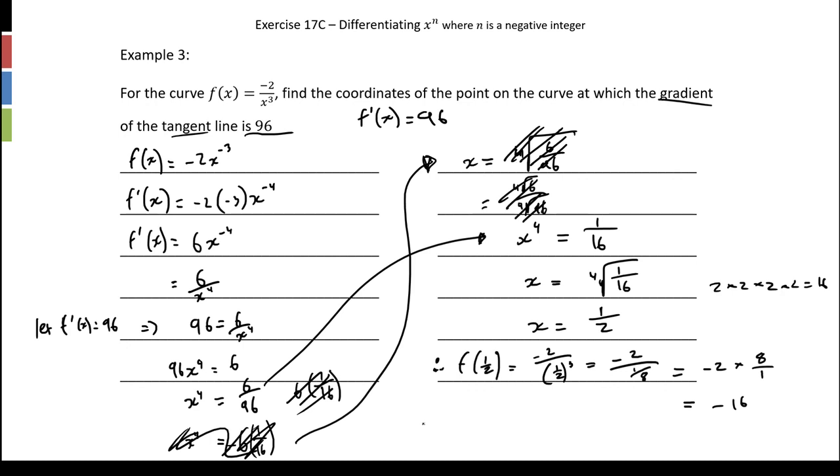So the point when the gradient is equal to 96 is half, negative 16.